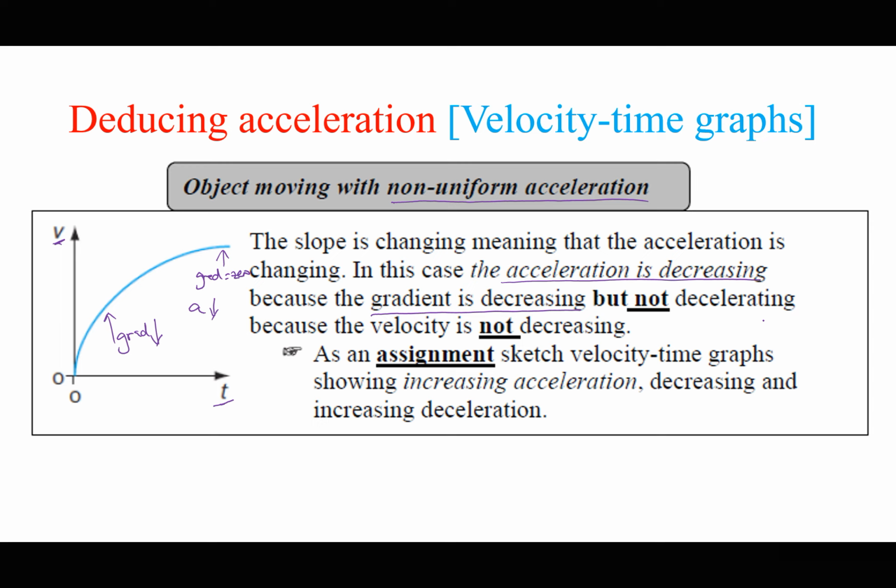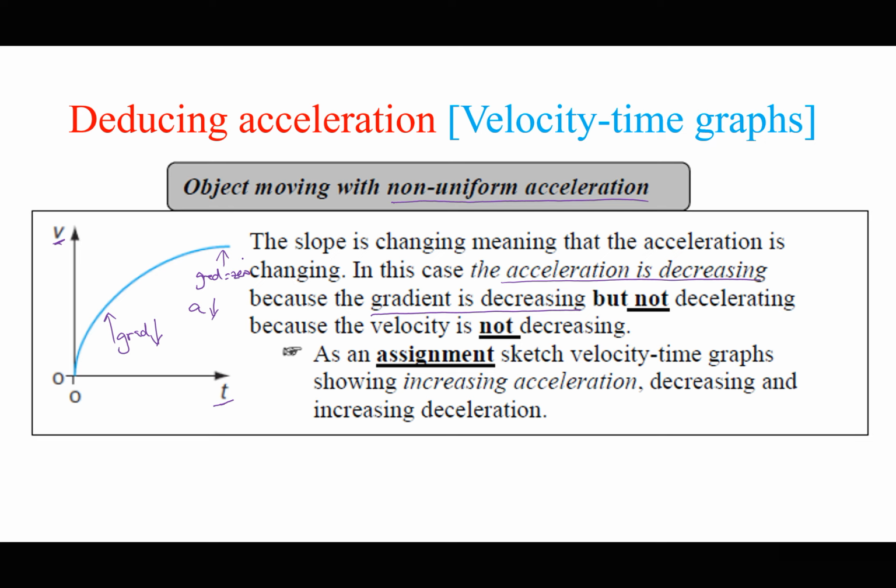People think a decreasing acceleration is a deceleration. Not true. The acceleration is decreasing, but it is not decelerating because it's not negative. The acceleration changes from a high positive value towards zero, not going to the negative side. So the gradient is decreasing, the body is accelerating, but with a decreasing acceleration. The increase in speed is becoming smaller.